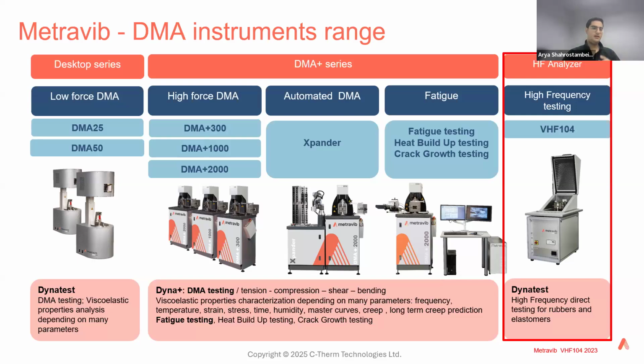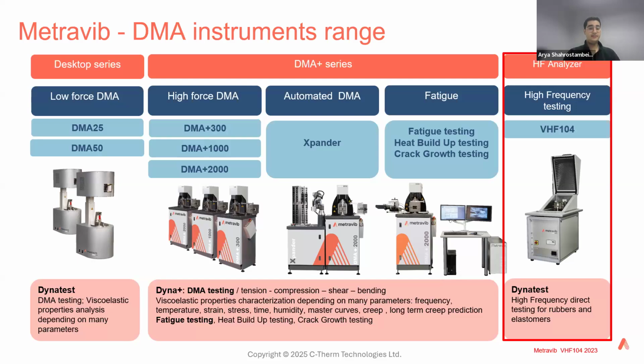Except for electrical equipment and setup, you don't need anything else, and the instrument will do the rest of the job with software provided by Metravib. You just need to plug it in and start running the test.